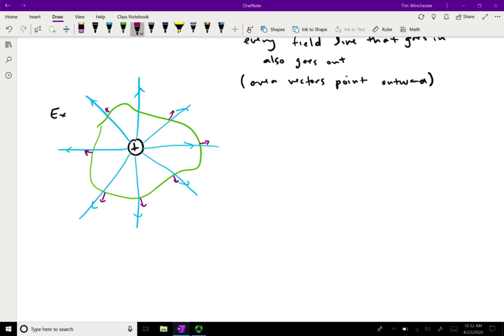Okay, so here I'm getting positive flux because I have positive charge enclosed. And here we have field lines go out without going back in.